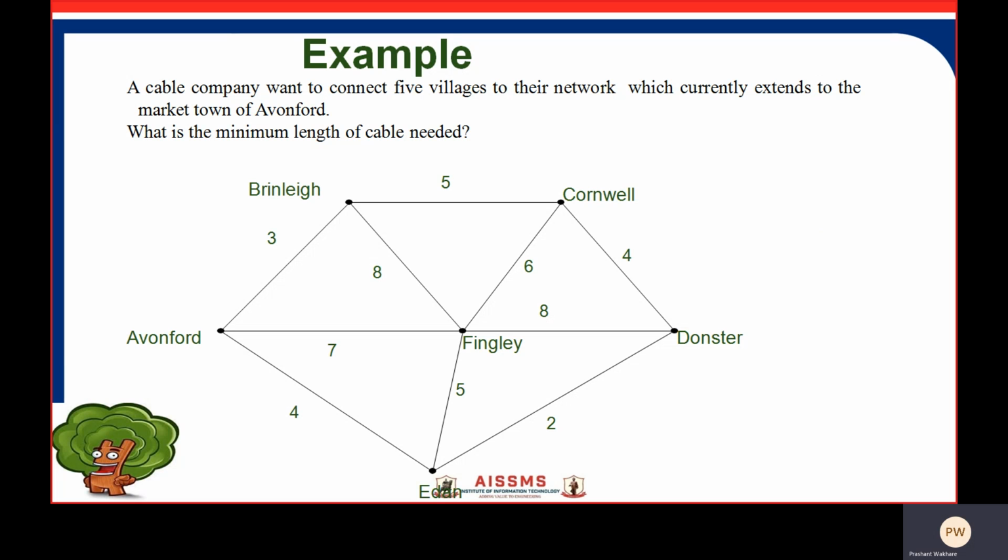There are also more real life examples like railway lines, TV cable lines, telephonic lines, electric lines, etc., for connecting a number of cities or objects. So we have to implement this network by using the spanning tree.